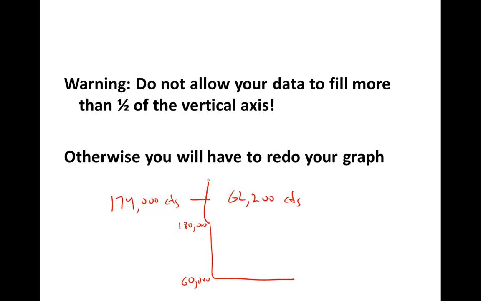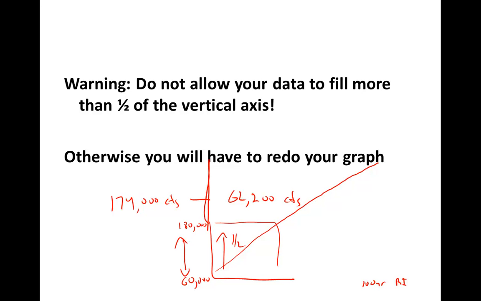But again, we don't want our data to fill any more than about half of the y-axis, and you'll see why in a minute. Ultimately, after plotting our data, we're going to extend the relationship that we observe between recurrence interval and discharge out to the 100-year recurrence interval. We need to leave ourselves room to do that because the discharge for the 100-year recurrence interval is likely to be much larger than the range of discharges in our data set.